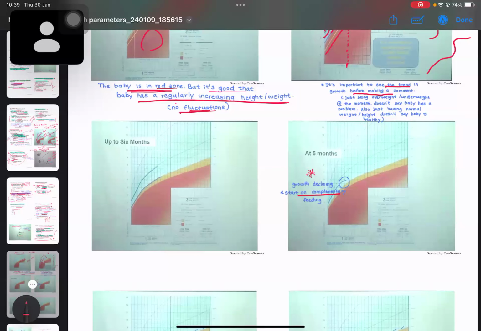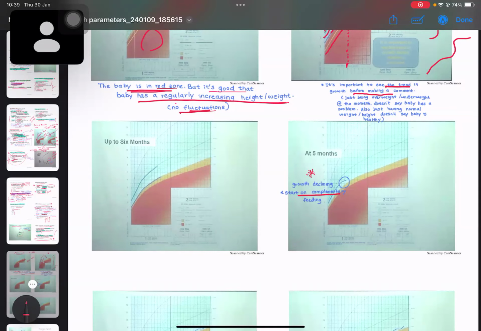If you get SAM or MAM cases, you will be asked about these graphs. It's important to see the trend in growth before making a comment.